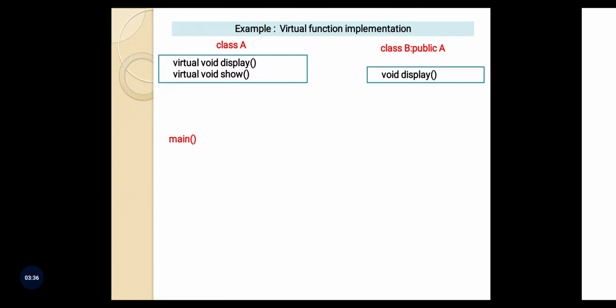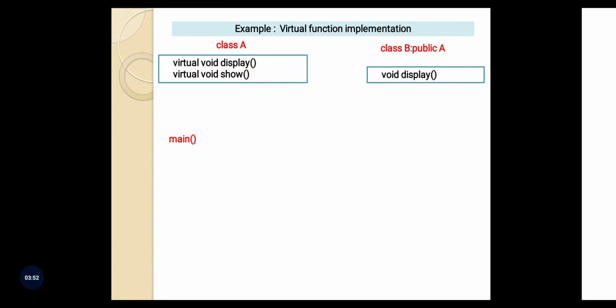Now we have two classes, say class A and class B. Class B is a derived class, where the base class is class A. If you notice here, we have two functions.